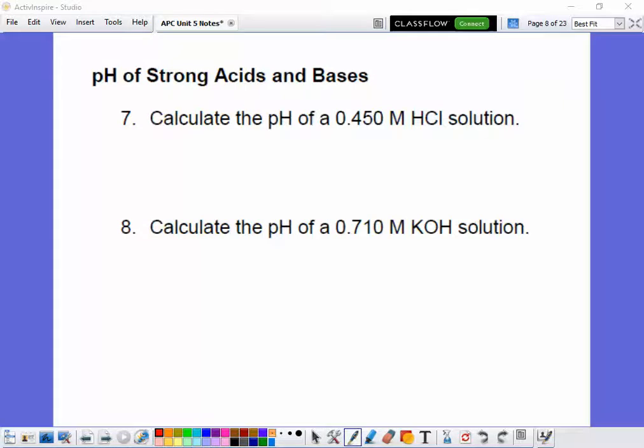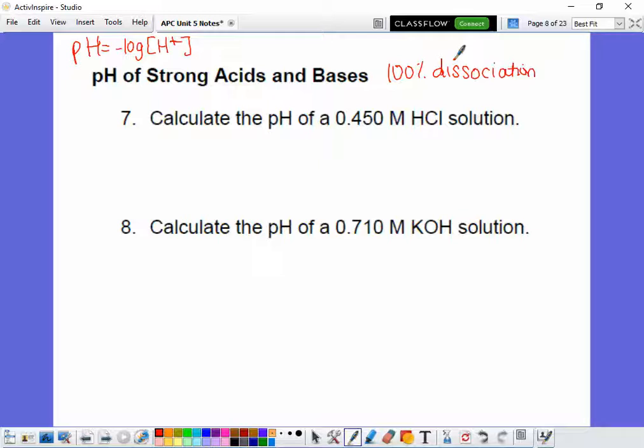All right, so just remember pH is negative log of H plus concentration. So, for strong substances, there is a 100% dissociation. Or you can also say that there's a complete conversion of the acid or base to its ions.